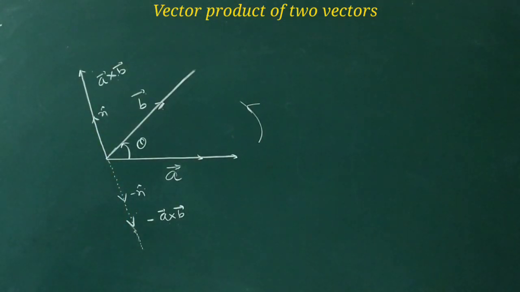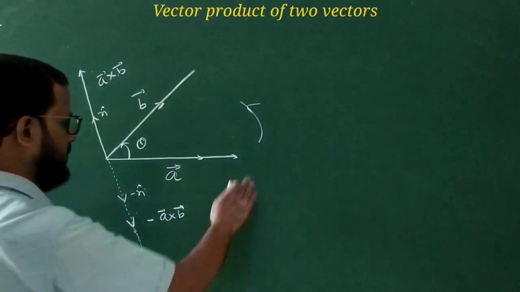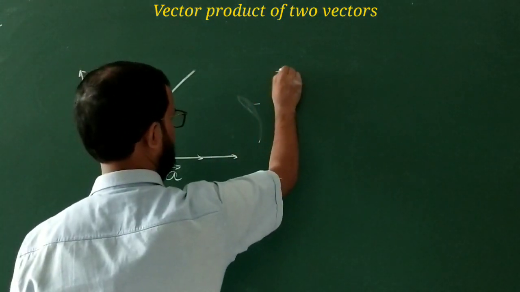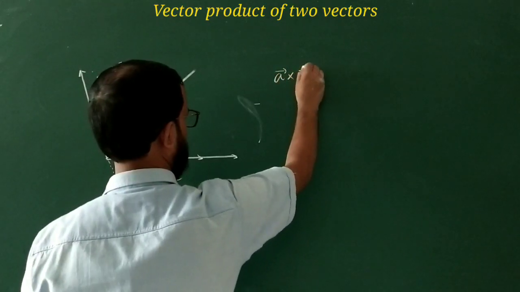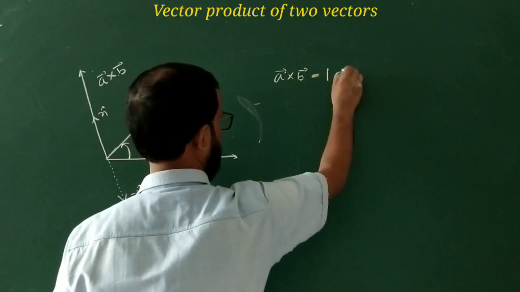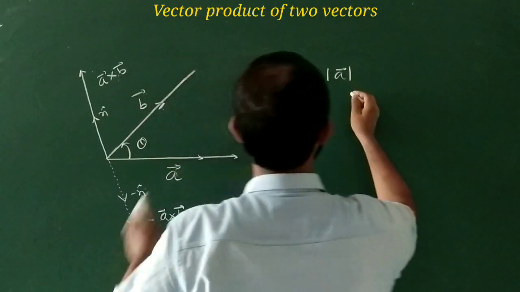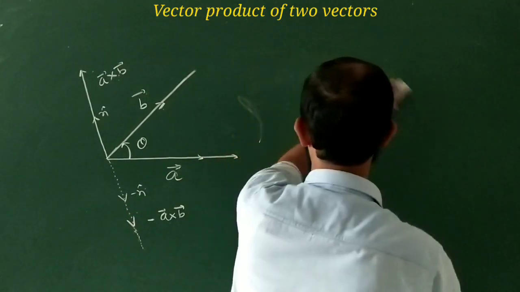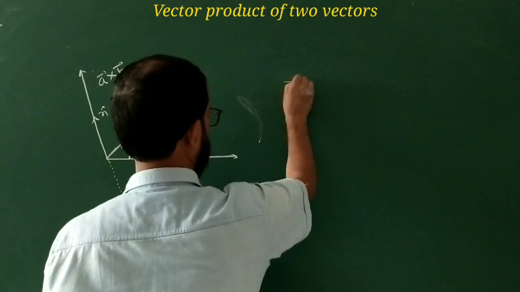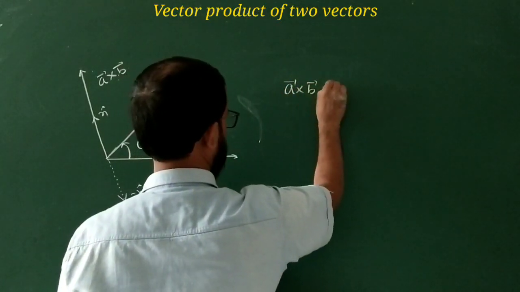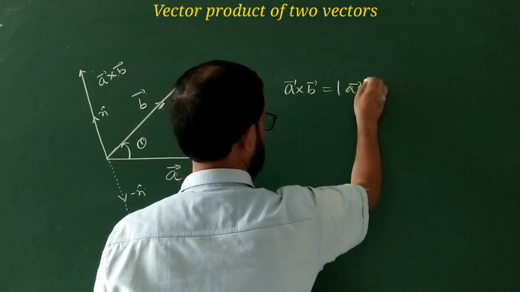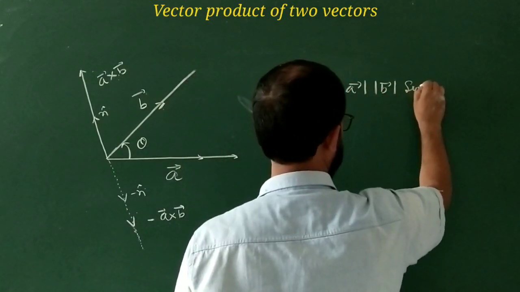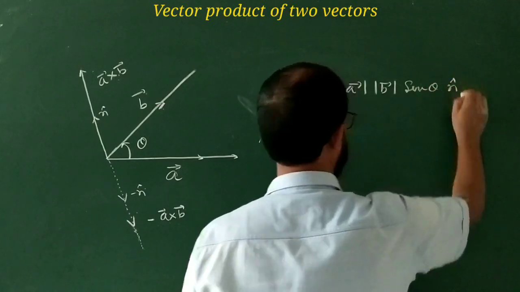And how do we define the vector product of two vectors? It is denoted by the symbol A cross B and defined as A cross B equal to magnitude of A into magnitude of B into sin theta n cap.